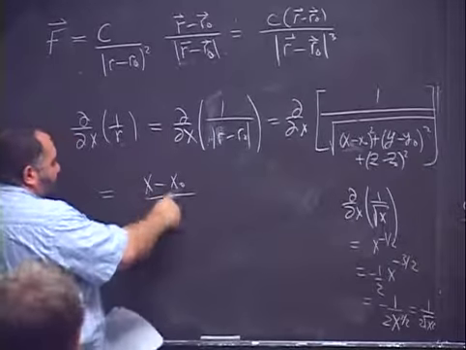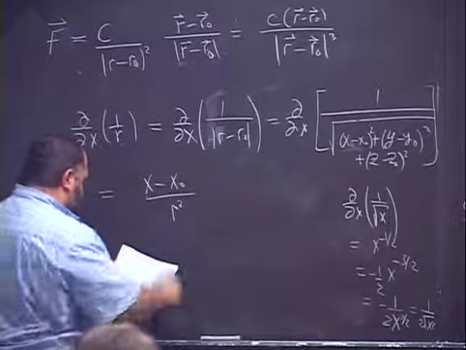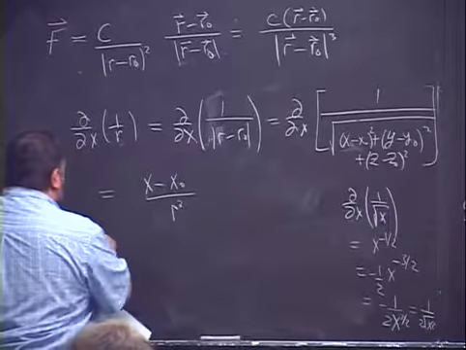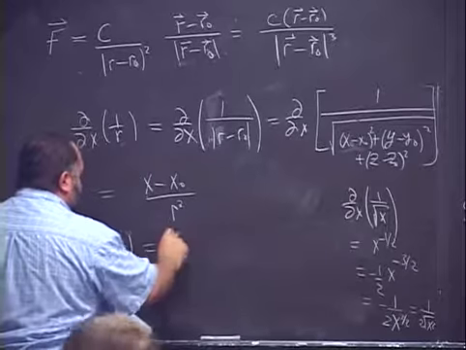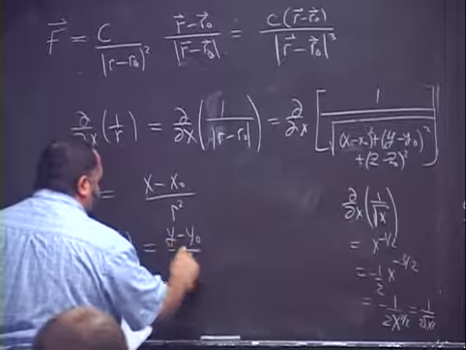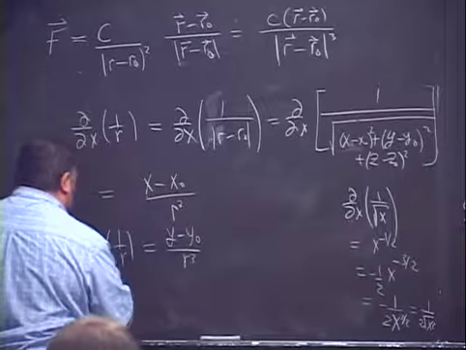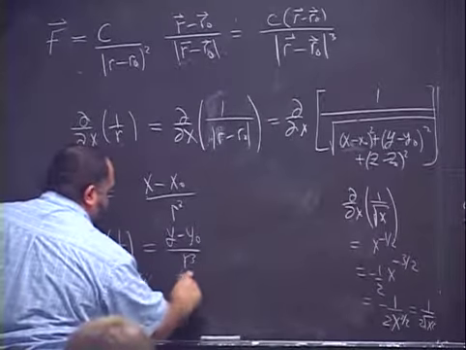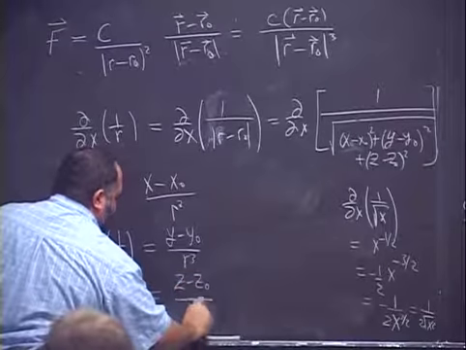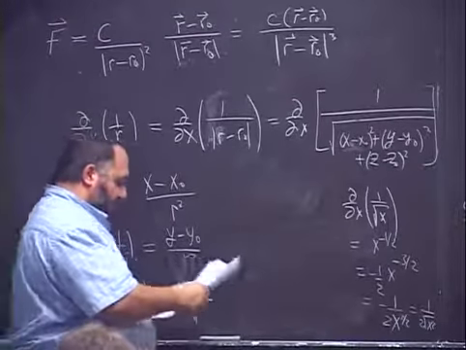So x minus x naught over r cubed is the first one. If you differentiate with y, this is just as an observation, this will give you y minus y naught over r cubed. If you differentiate with z for 1 over r, this will give you z minus z naught over r cubed.